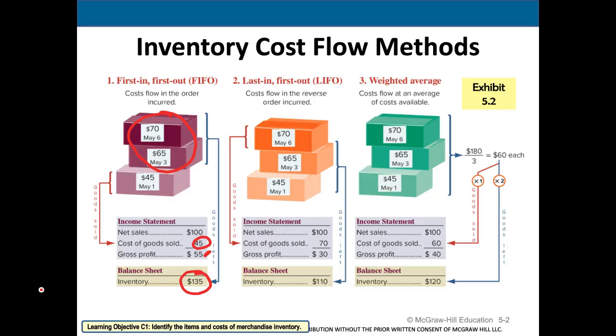Versus LIFO, right? Last in, first out, your most recent inventory that was purchased is going to go into your cost of sales. And in times of increasing prices, which is typically the case, typically prices over time increase, not decrease, so for LIFO, your cost of goods sold will be higher because the most recent purchase goes into your cost of goods sold, thereby lowering your profit.